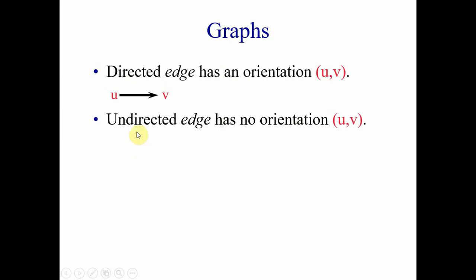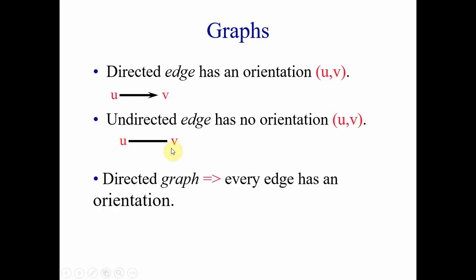There's another type called an undirected edge that has no orientation, no direction at all. For vertices U and V, they are connected by a straight line. It means that U can go to V, and V can go to U. So that is about the edge.